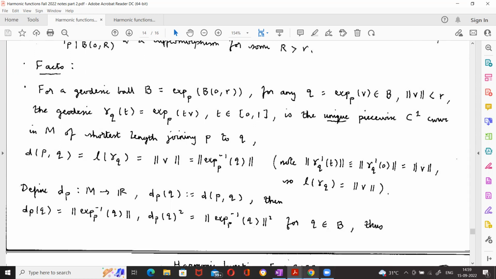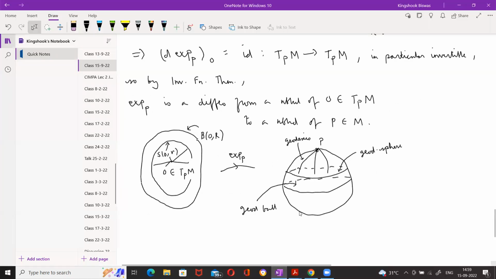Okay. So in this picture, this curve from P to Q, this geodesic, is the shortest curve in the sphere joining P to Q. So in a geodesic ball, every point in the geodesic ball is joined to the center of the geodesic ball P by a geodesic, right?